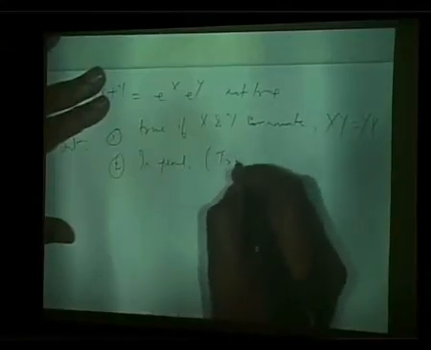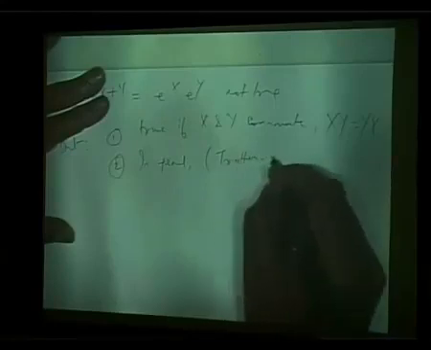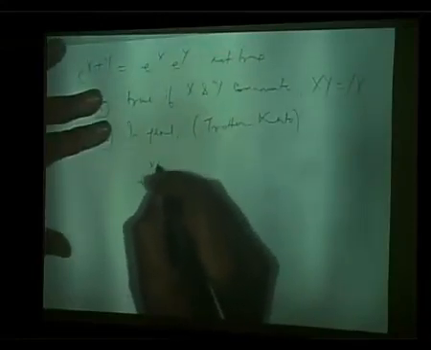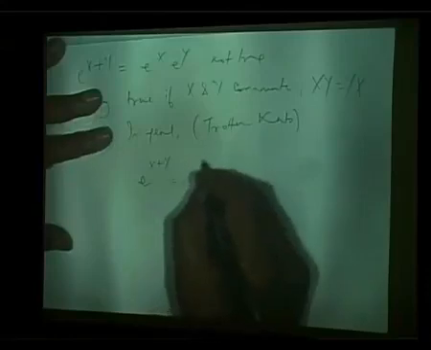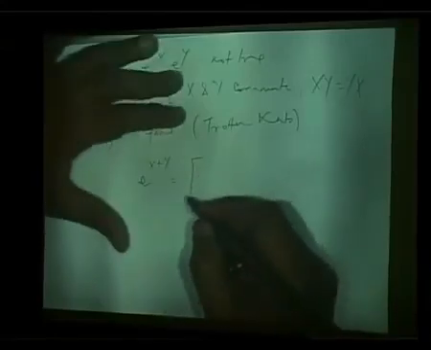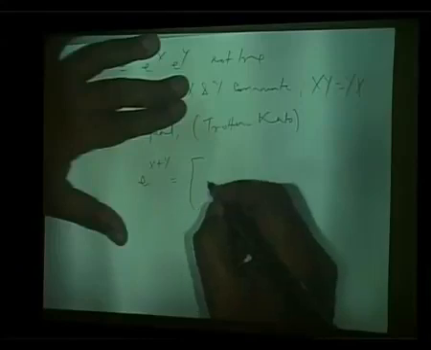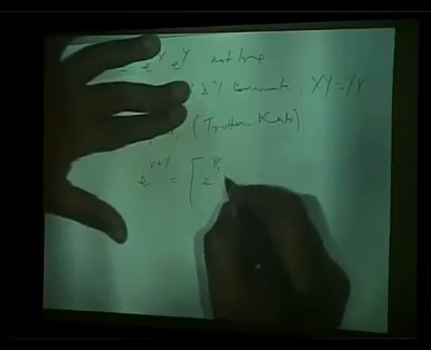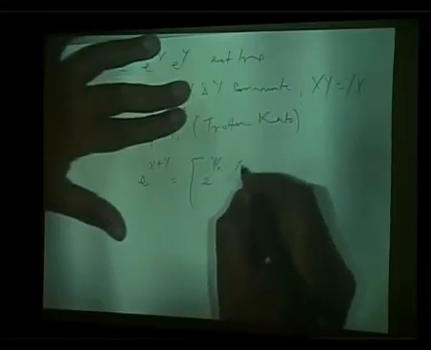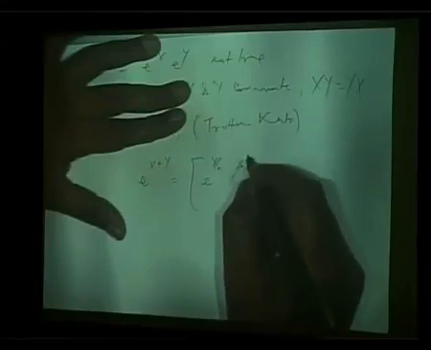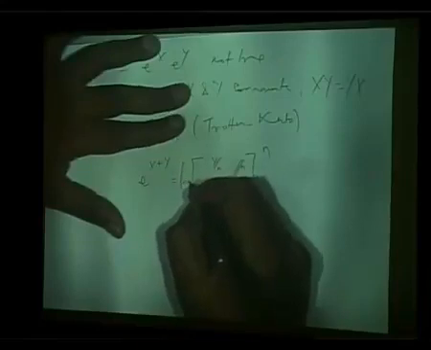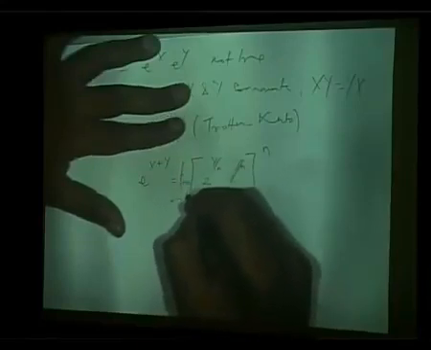There is a beautiful formula, called the Trotter or Trotter-Kato formula, which says that e power x plus y will be, I believe I've got this right, the limit of e power x by n, e power y by n, the whole thing to the power n, as n goes to infinity.